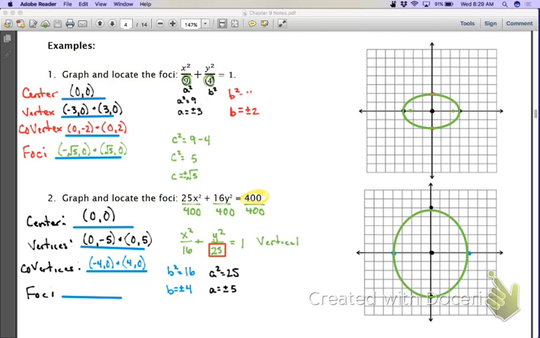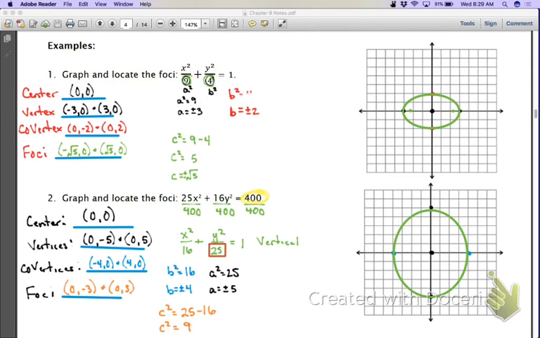We would still just take the 25 minus 16. So for c squared, we would go 25 minus 16. We get c squared equal to 9. So my foci is going to be at 0, negative 3 and 0, 3.